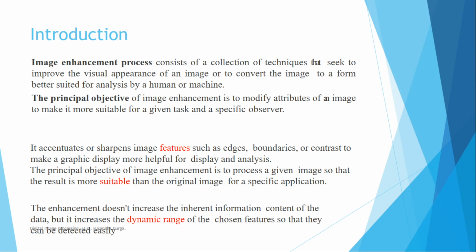Either the machines or the human being has to do the analysis of that photograph, so we have to get more information from that photograph, or else we can directly say, in order to improve the quality and the clarity of the image.